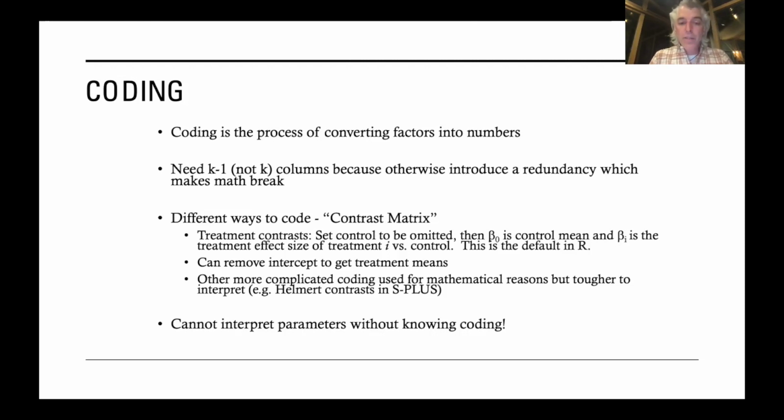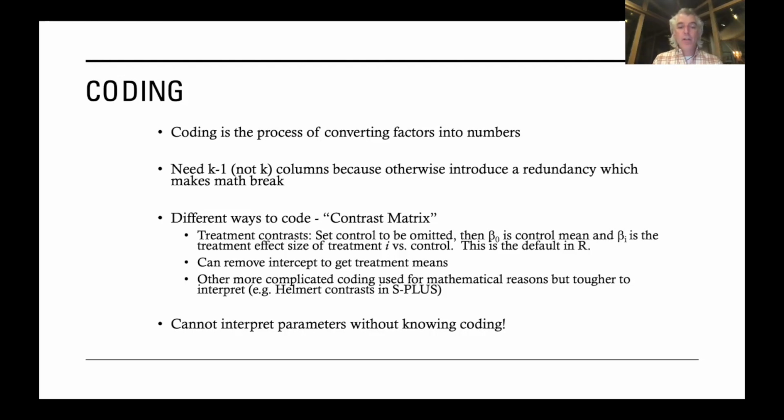Okay. One of these contrast matrices is referred to as the treatment contrasts in R. In a treatment contrast matrix, the first category, or our control category, is omitted from our yes or no questions. And so this is the category that's represented by the intercept.